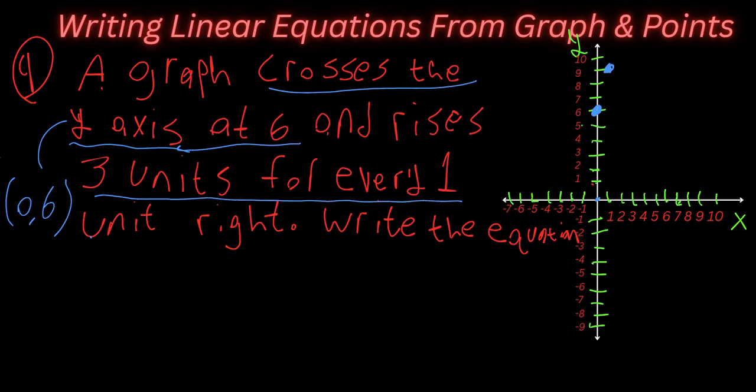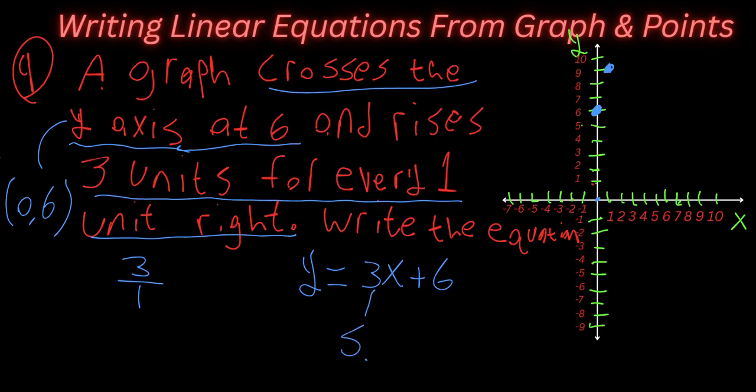If we think about this, we are given a slope of 3 over 1, or 3. So we now know, just from the word problem, that y equals 3x plus 6, because here's our slope and here's our intercept.